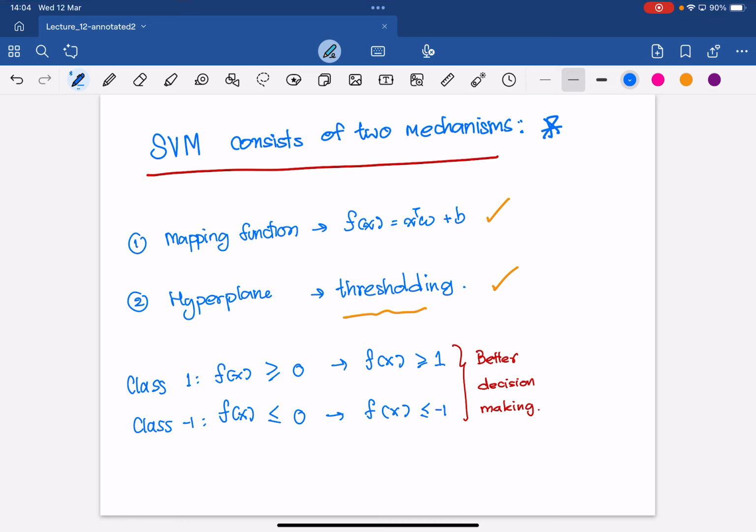The second one is the cutting, or sometimes we call it the hyperplane. When we say it's a cutting, that means we are making a decision whether it belongs to class A or class B, something like that. And that is also linked to another parameter, the thresholding value.